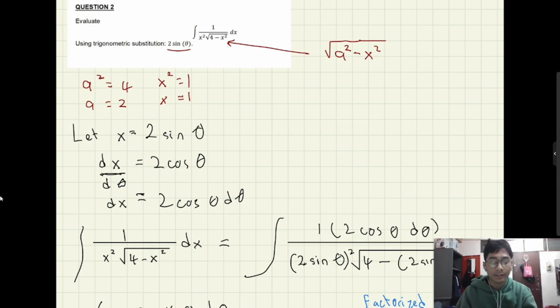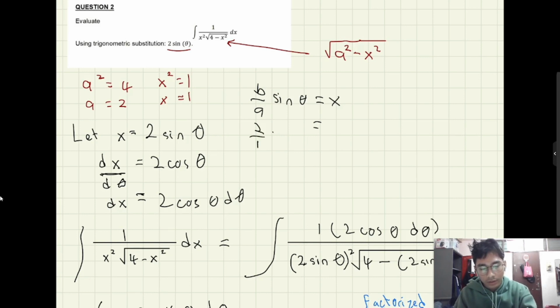I identify the a value is 2 and the x value is 1. Then we know that b over a sine theta is equal to x, and what we get is 2 over a sine theta is equal to x. It is the same as this one.